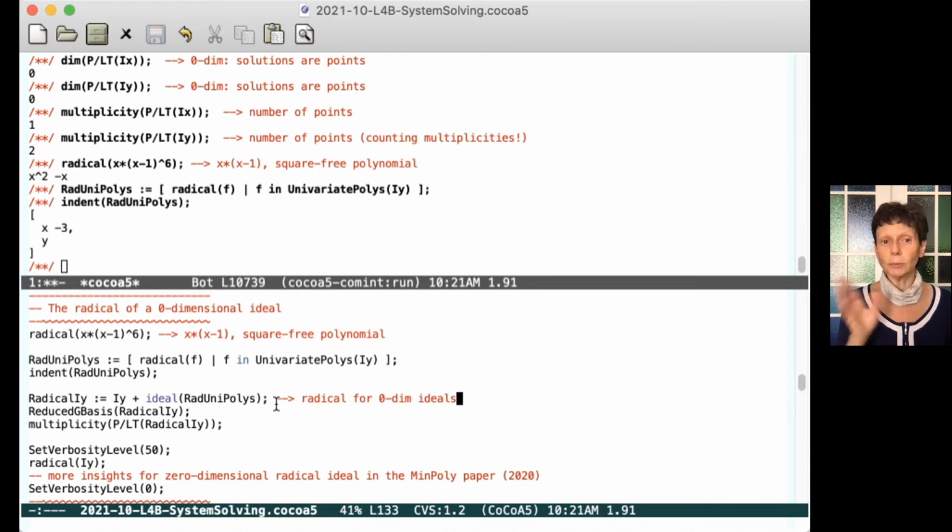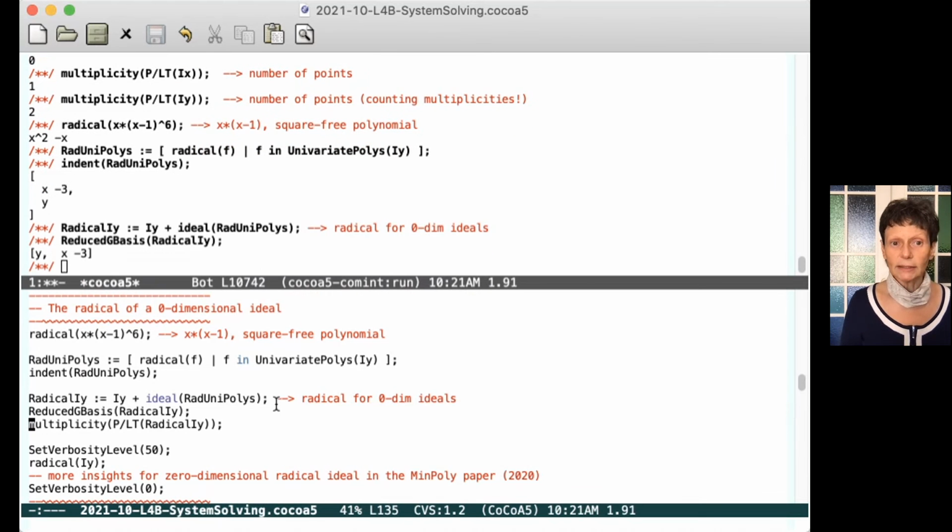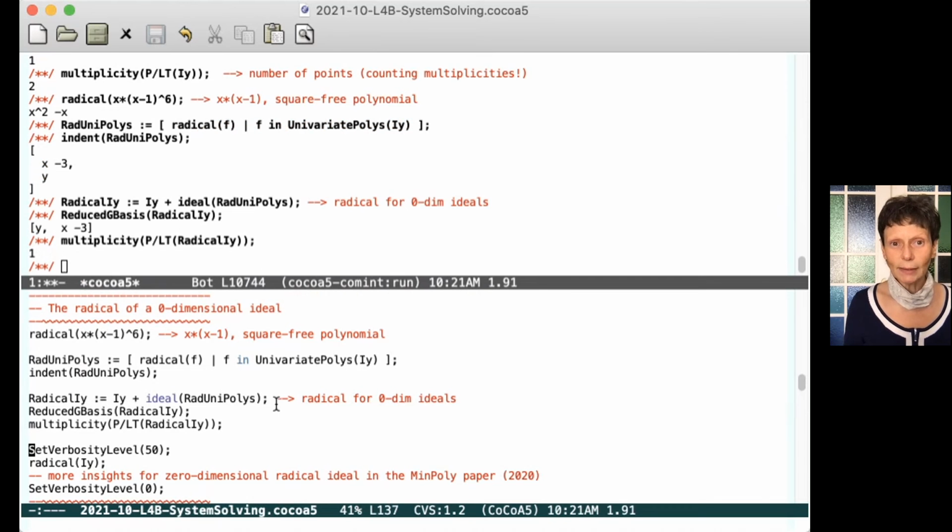We add these 2 polynomials to my original polynomial, and I get, as a result, the radical of the original ideal. Remember, this works for 0-dimensional ideals only. So after doing this, the multiplicity is 1. So I removed the multiplicity of the solution of the point.